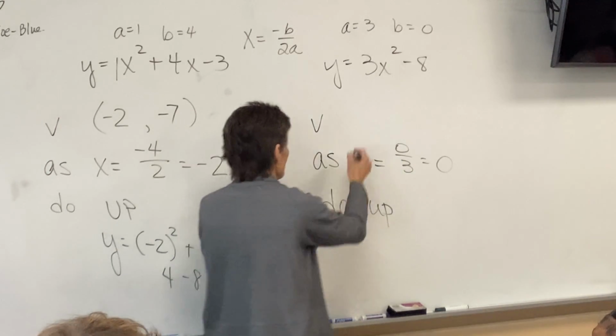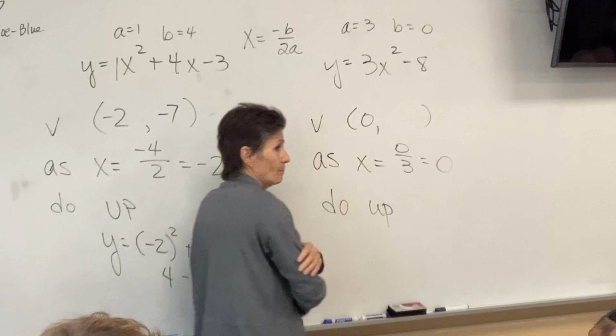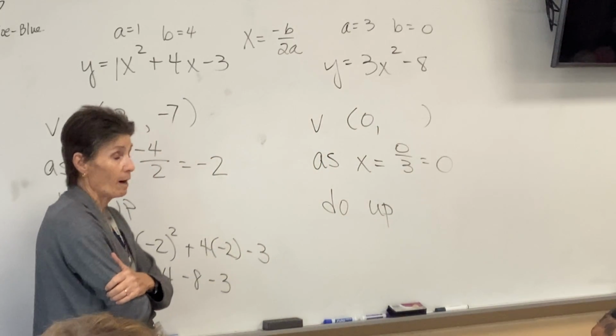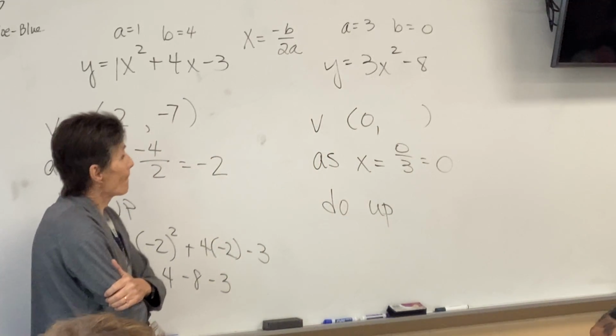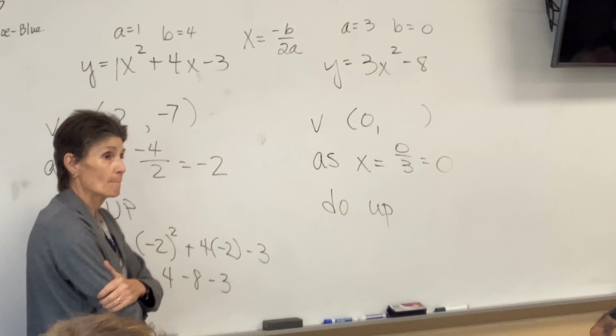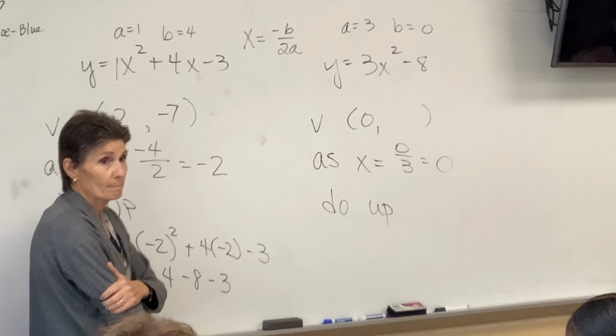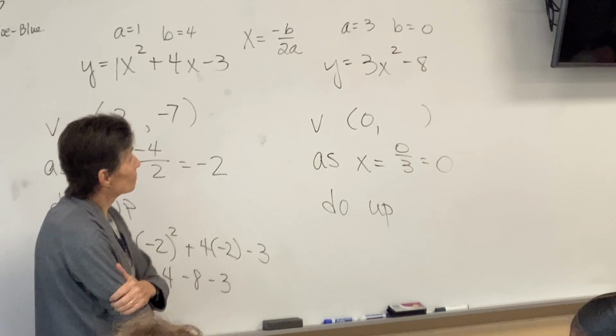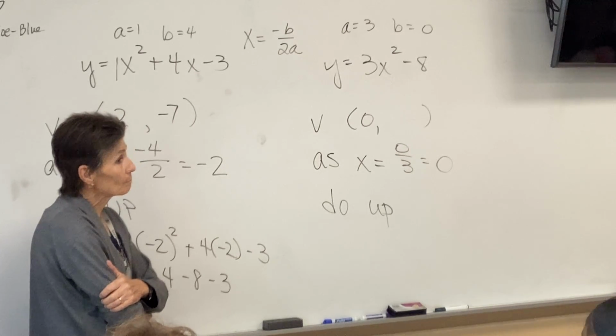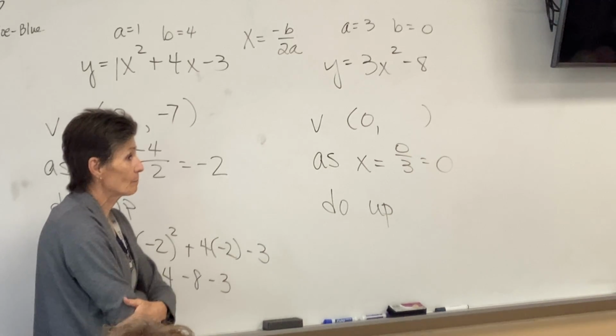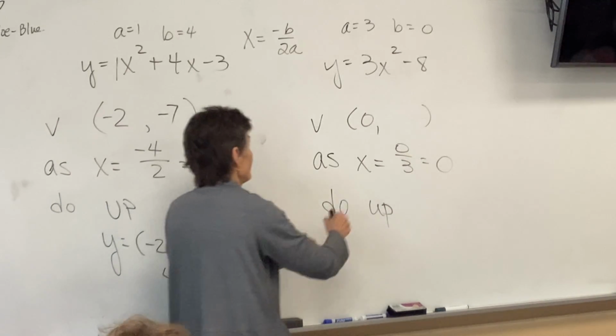Which means your vertex is 0, comma, what do you get when you plug in 0? Negative 8.